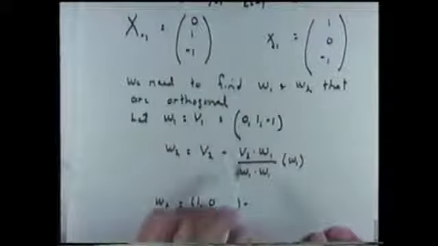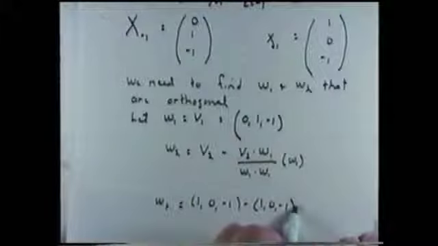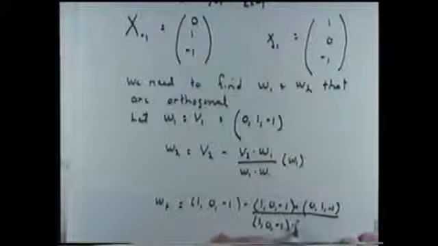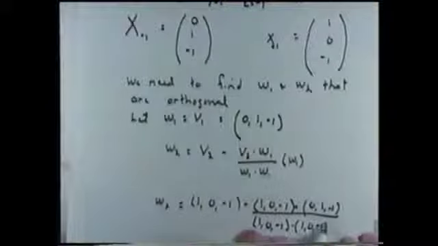So W2 is going to equal V2, which is (1, 0, -1), minus V2, (1, 0, -1), dot W1, that's the dot product, (0, 1, -1), over W1 dot W1, (0, 1, -1) dot (0, 1, -1), times W1.